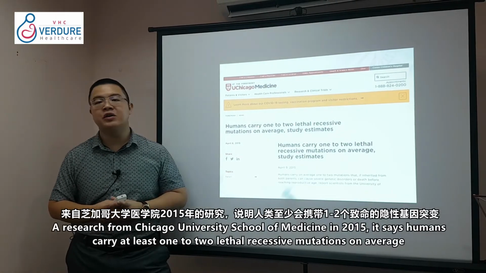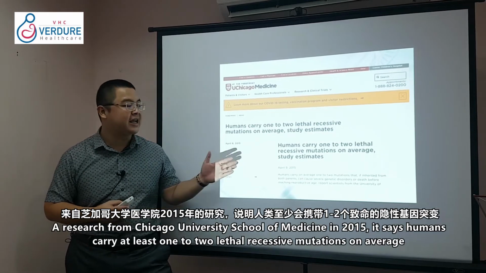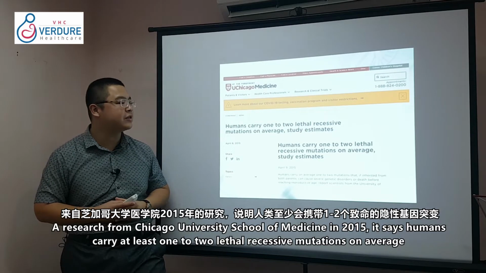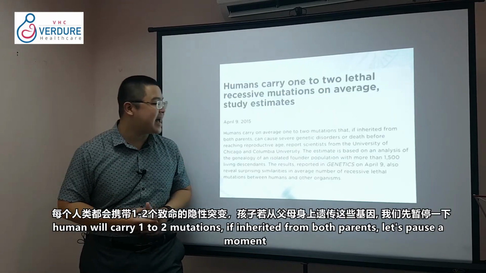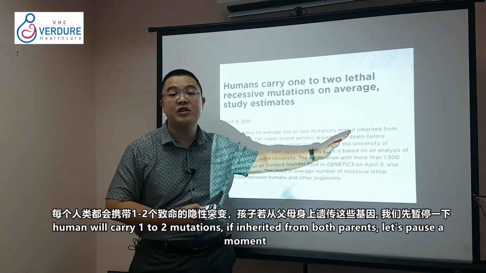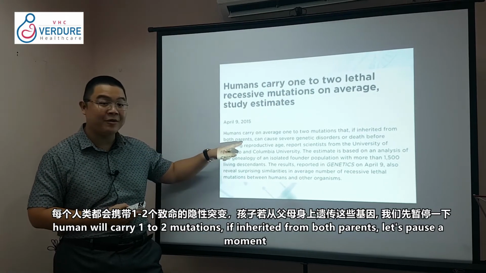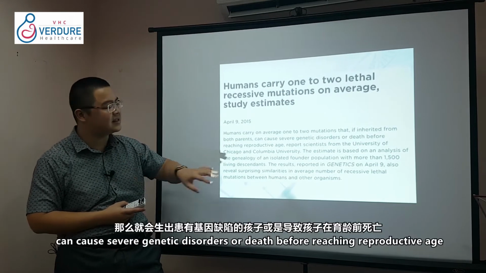Because according to the University of Chicago, back in 2015, they say that humans carry 1 to 2 lethal recessive mutations on average. And when humans carry on average 1 to 2 mutations, that if inherited from both parents, now let's pause a moment because this is talking about recessive diseases, okay?